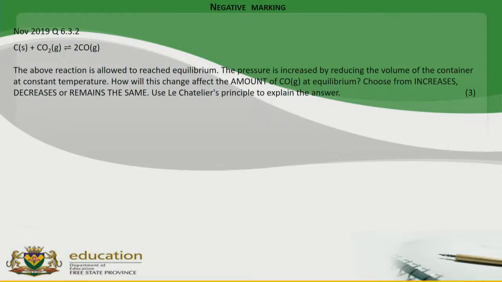How will this change affect the amount of carbon monoxide at equilibrium? So they have to tell us how the increased pressure will affect the amount of carbon monoxide at equilibrium. They must choose whether the amount of carbon monoxide will increase, decrease, or remain the same, and then they must use Le Chatelier's principle to explain the answer.